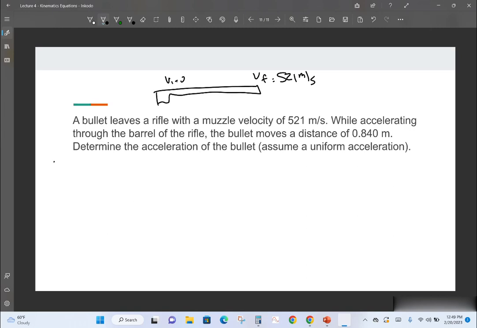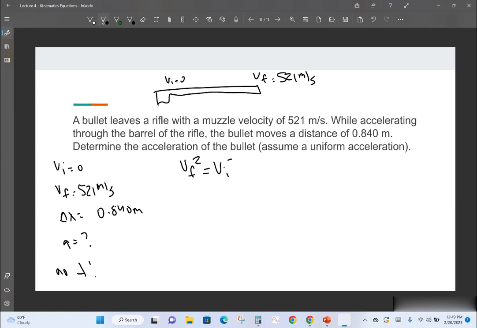So Vi is 0, Vf is 521 meters per second, delta x is 0.840 meters, and I want to know the acceleration. Once again, I have no time. So the only formula I can use is Vf squared equals Vi squared plus 2a delta x.